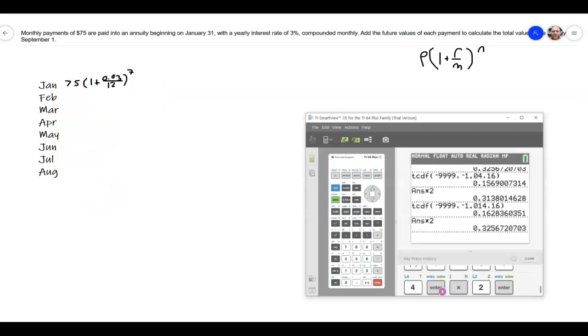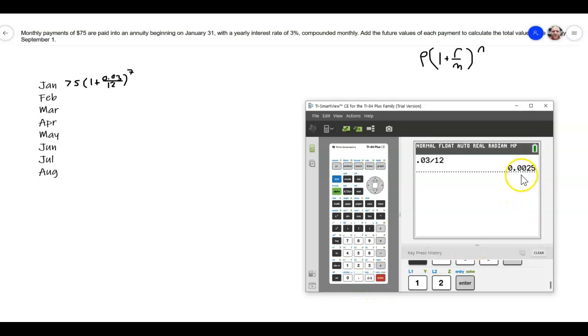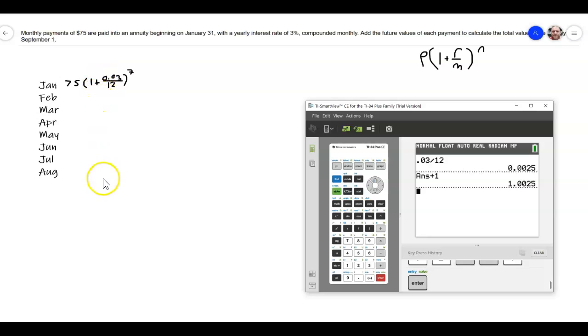Now, before I go any farther, let's see what 0.03 over 12 is. 0.03 divided by 12 is equal to 0.0025. If I add that to 1, I get 1.0025, and I'm going to use that calculation in all of these, but I'm going to raise them to different powers, because February is only going to be counted 6 times, March only 5 times.